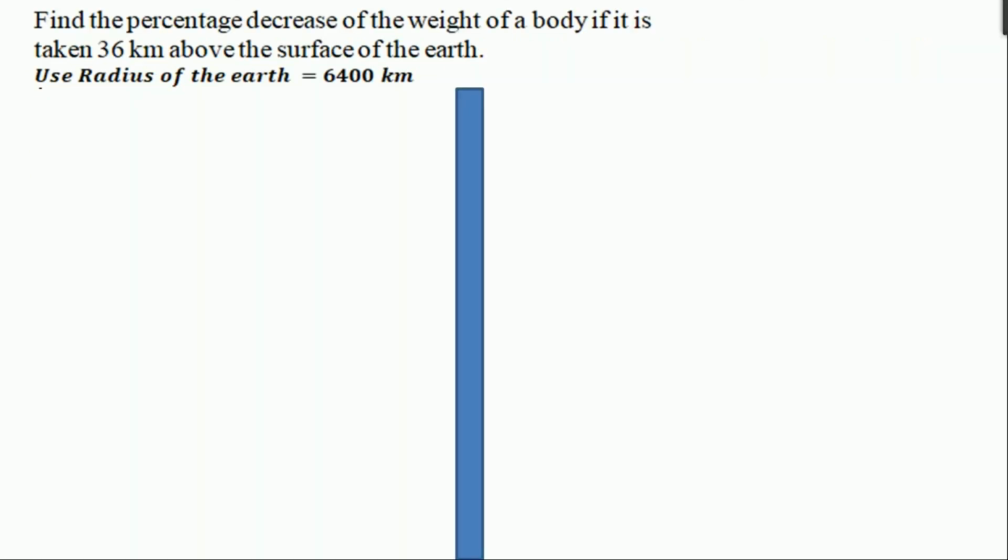Now find the percentage decrease in weight of the body if it is taken 36 kilometers above the surface of the earth. Now you can see h is 36 and radius is 6400 kilometers. Now this time they are not comparable, so I will use the other formula, that is g_h is equal to g(1 minus 2h by R).